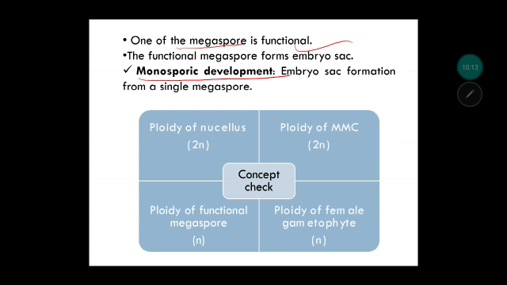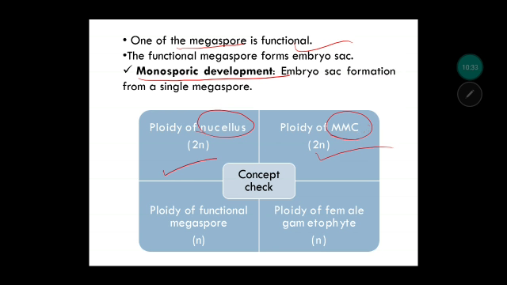Just to check your concept over here, in the last lesson, chapter 1, we had discussed the ploidy of different cells. So can you tell me the ploidy of the nucellus? It will be diploid. Ploidy of the megaspore mother cell, again diploid, because it will undergo meiosis.